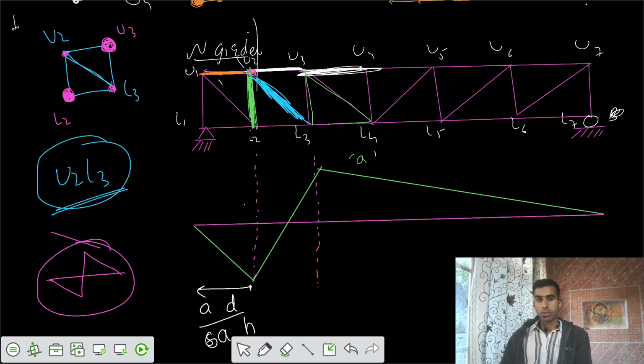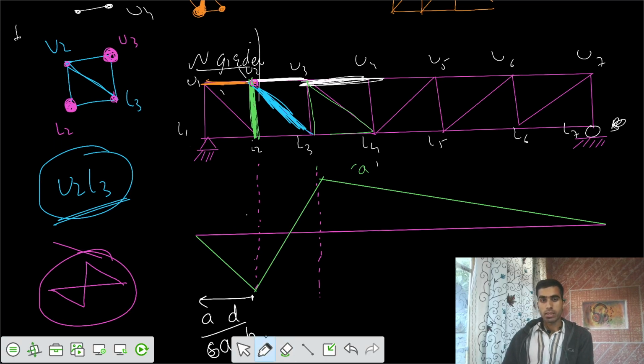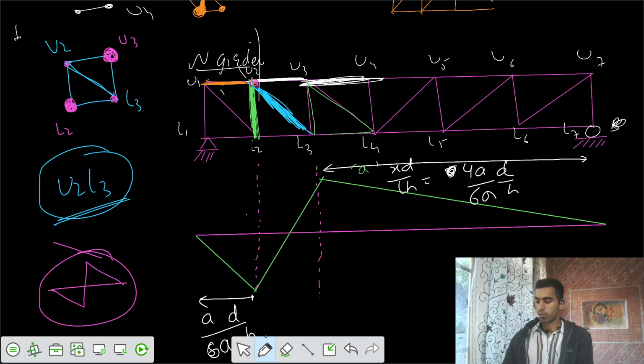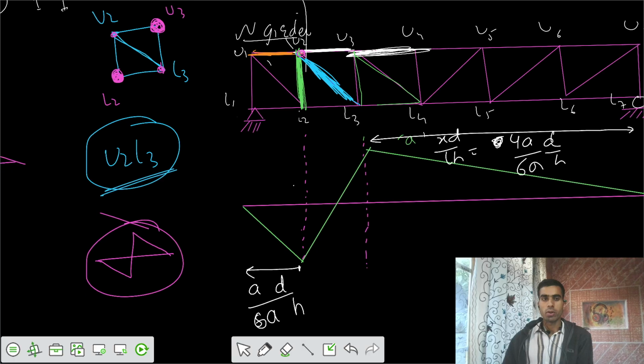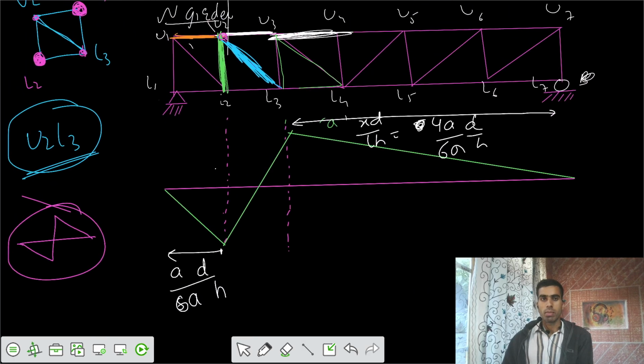From the other side, this ordinate is also x d by lh, and the value of x is 5a. Is that 5a or 4a? I think 4a. So 4a, 6a, d by h. So this is your ILD for your member U2, L3.